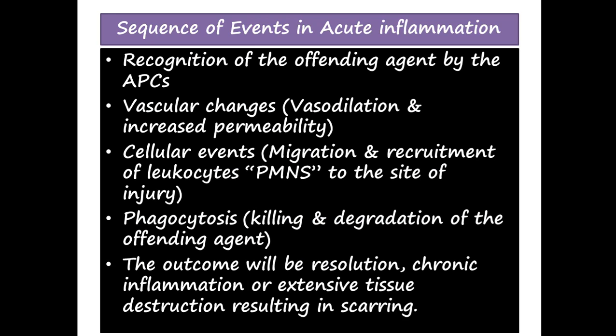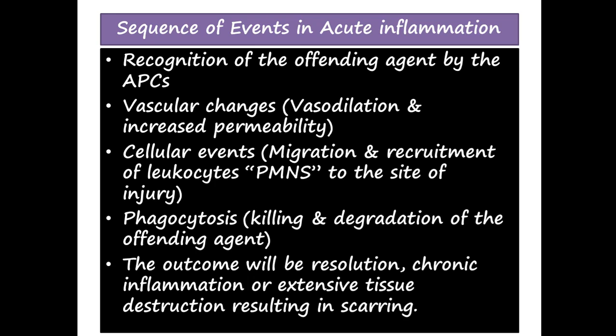Now, here again we summarize the sequence of events: recognition of the offending agent, which is mainly done by the antigen presenting cells like macrophages, dendritic cells, and others, and they will lead to the vascular changes in the form of vasodilation and increased permeability.